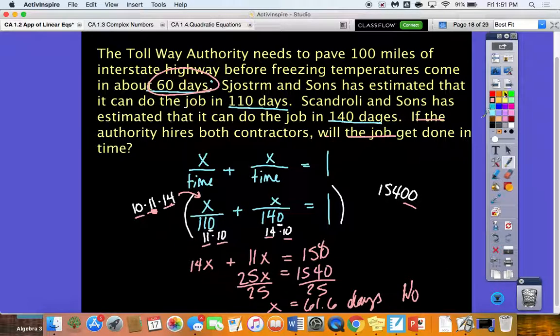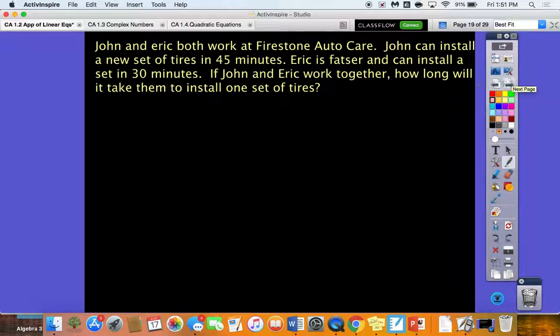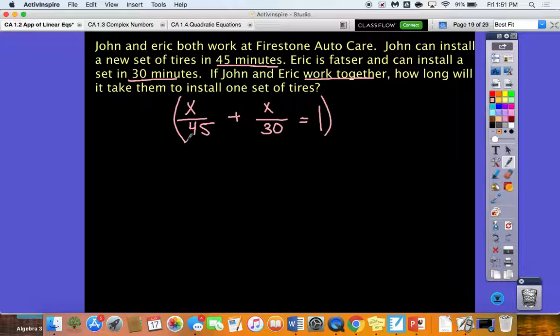Okay, so just as another one, again, a basic problem, x, and then we need the time. John installs it in 45 minutes, so let's just make sure everybody's minutes, because you do have to have the same unit. X over, and then Eric can do it in 30 minutes, and so that's going to be my 1, if they work together. So I need the number that both of them go into. Well, 15 is common, right?